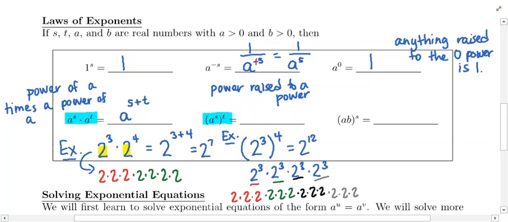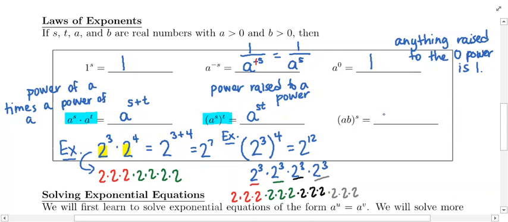So this would be a situation where you multiply the exponents. If you have a power raised to a power, this is when you multiply the exponents. So you keep the same base. So a to the s, that quantity raised to the t power, is going to be a raised to the s times t power. Make sure you understand the difference between this law and this law.